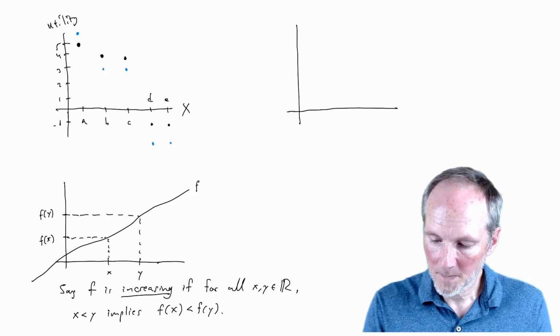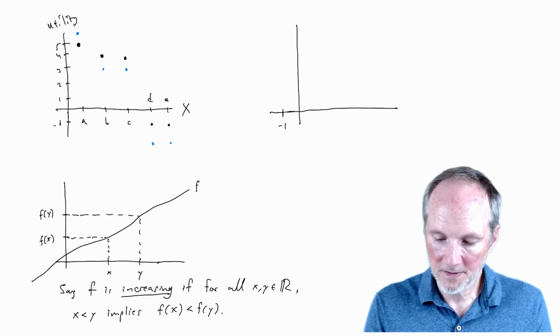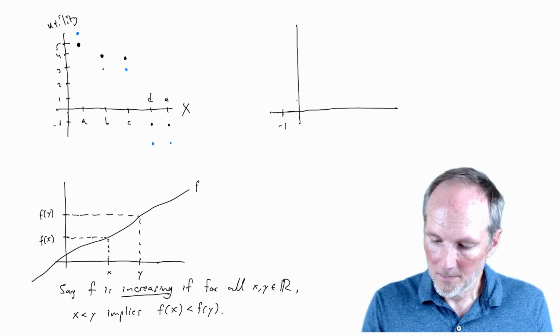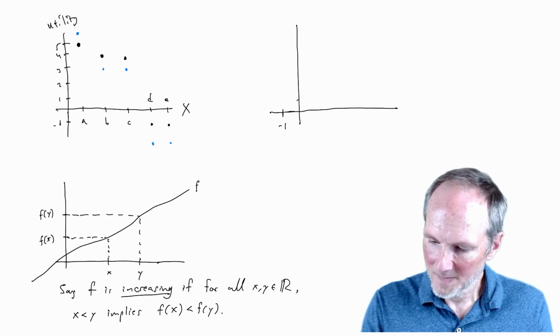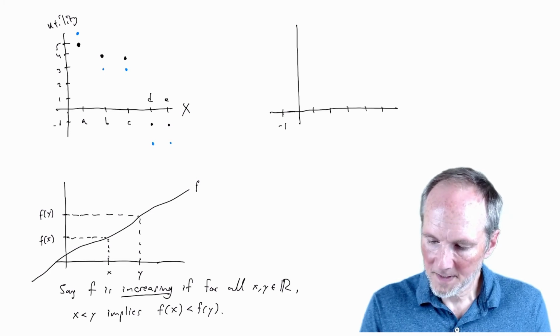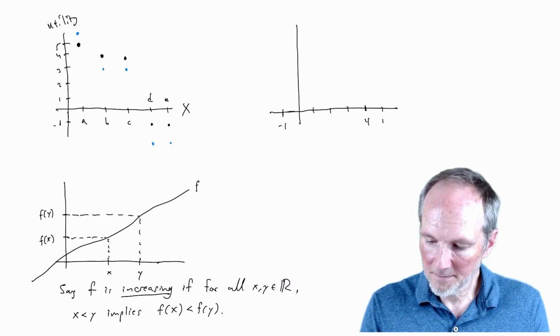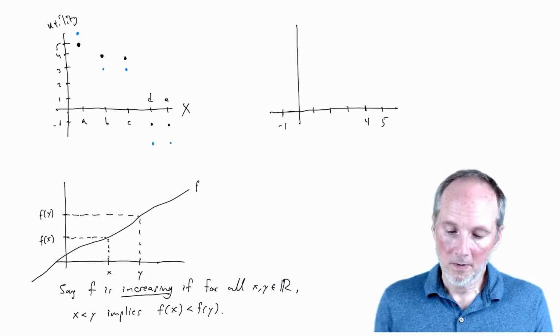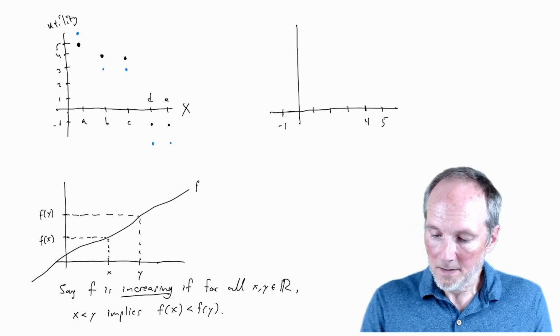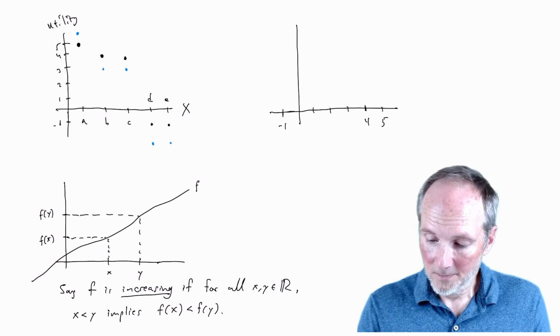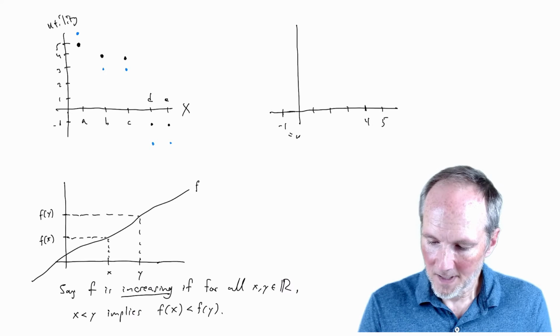So the utilities were, we assigned -1 to D and E. And we assigned 4 to B and C, and we assigned 5 to A. Now, I should just write this down.